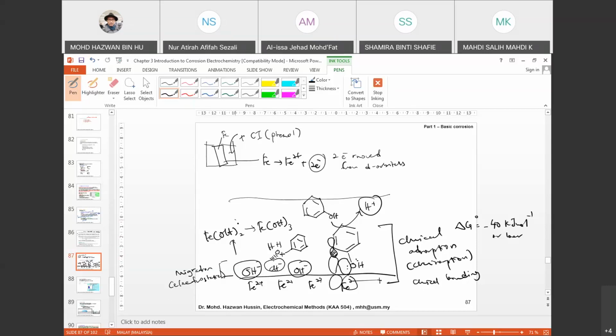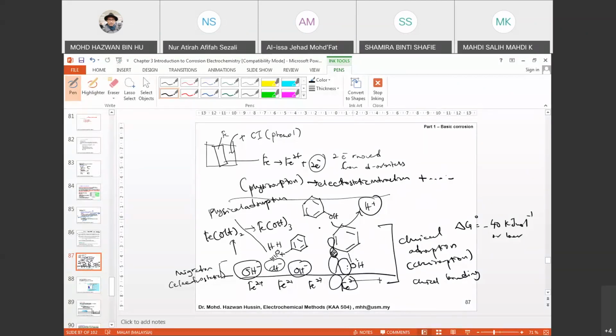So this interaction is temporary and known as physical adsorption or physisorption. Okay. So physisorption happens when you have an electrostatic interaction, due to the positive-negative interaction.